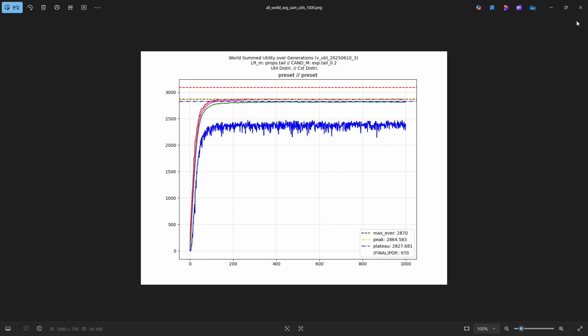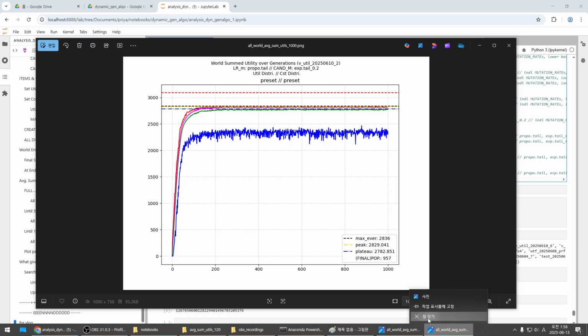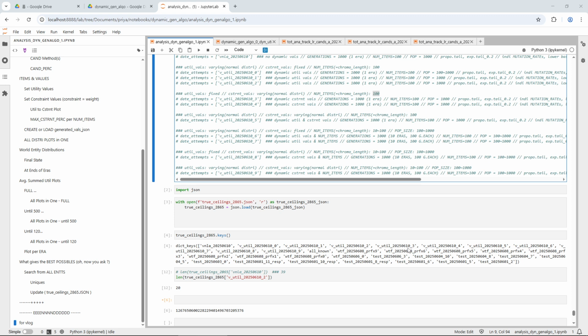It's higher than 2865, but this isn't necessarily something to be excited about, because now that the constraint values are changing and shifting, the entity can actually tolerate more genes or items given the same max constraint, because the constraint values are fluctuating. That's the right way to say it. I should have said that from the get-go.